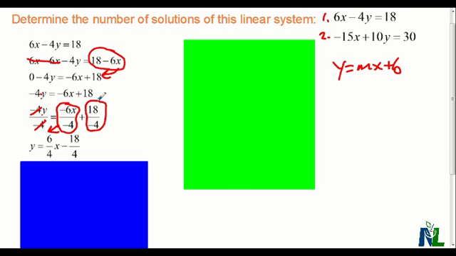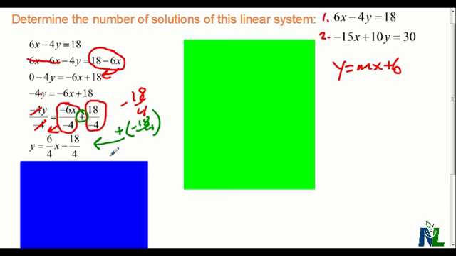This piece, 18 divided by negative 4, well, I can think about that as negative 18 over 4. But remember, there's a plus sign here in the middle. So I've got plus a negative 18 divided by 4. That's going to be minus 18 over 4.